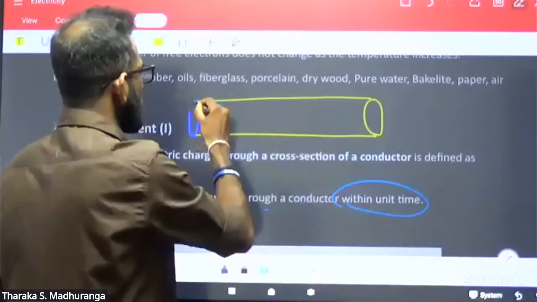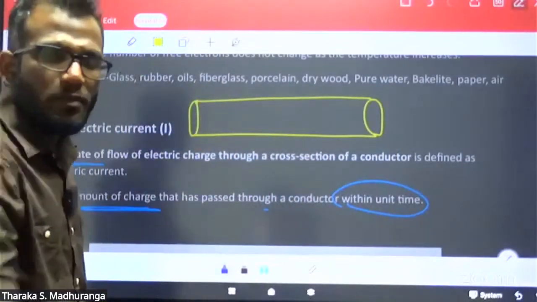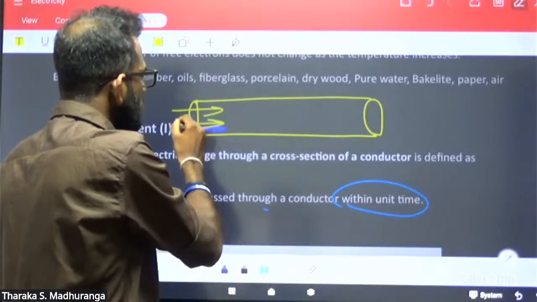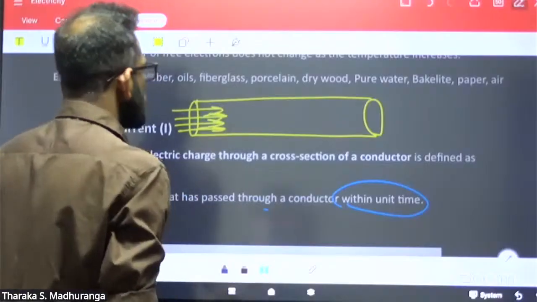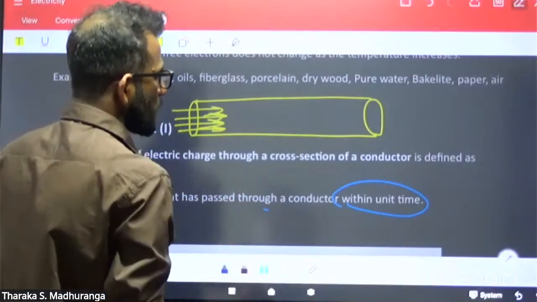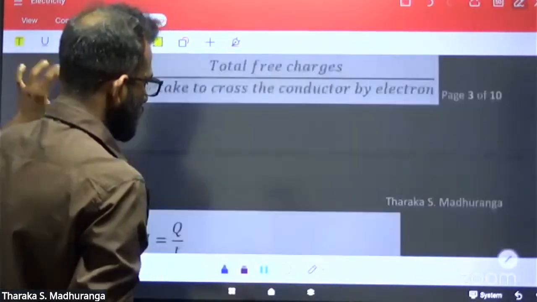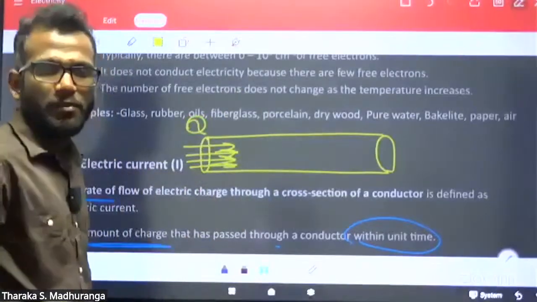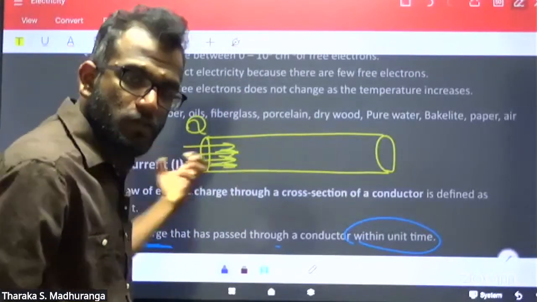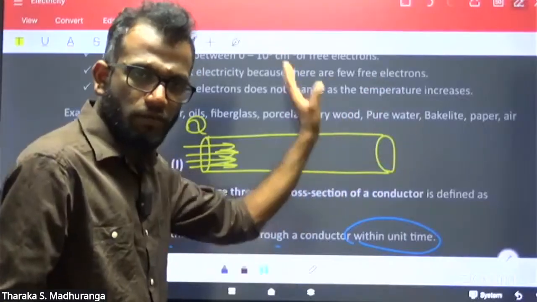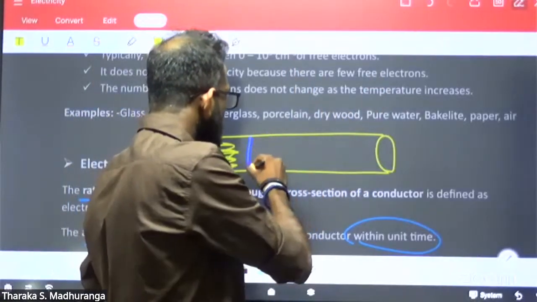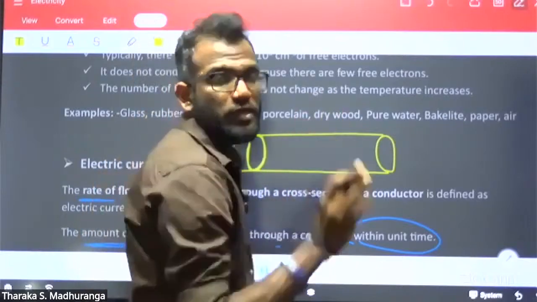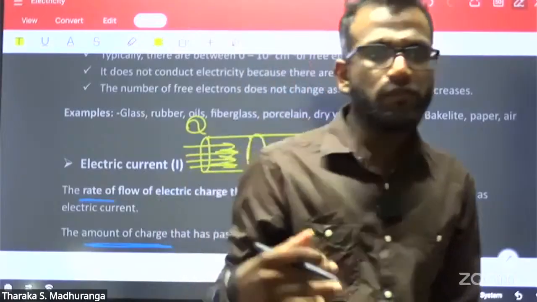Think this is a conductor. The amount of charge, meaning electrons, the amount of charge Q in coulombs, passed through any cross section of this conducting rod within unit time, that we call electric current.